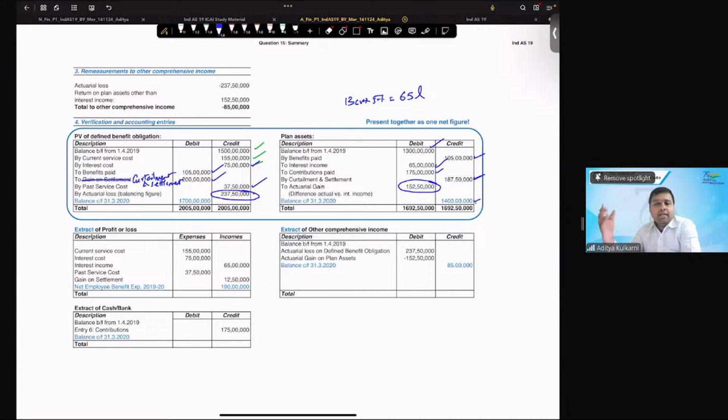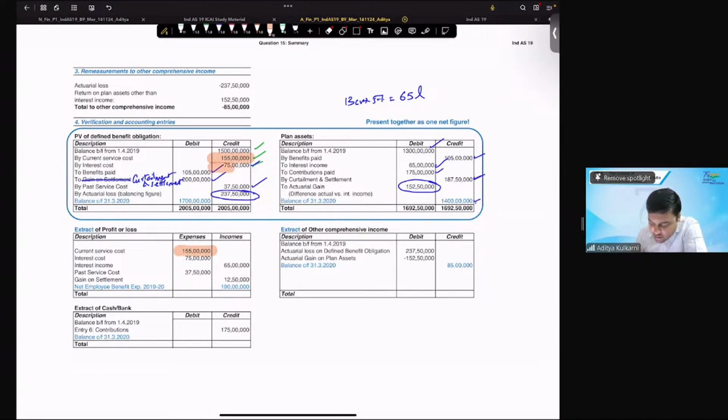Now we come to the extracts of the P&L. What all will go in the P&L? You will tell me. Current service cost, yes or no? Yes, sir. So 1.55 crores.